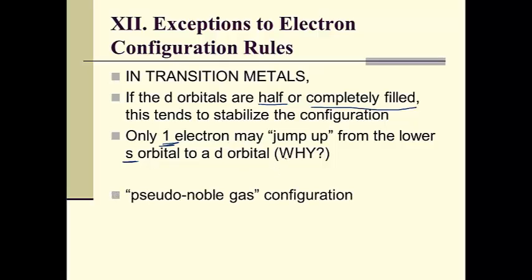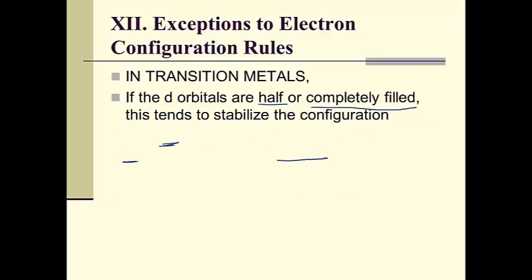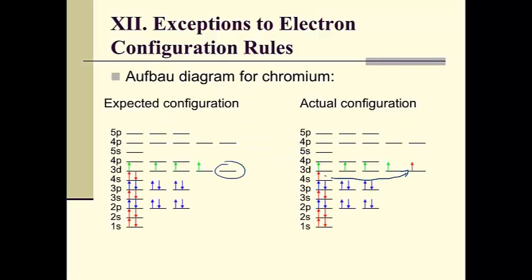Why? Let's go back and look. What happens if both of these were to jump up? They would rather be separated, have one there and this one not there, because this basically creates repulsion.